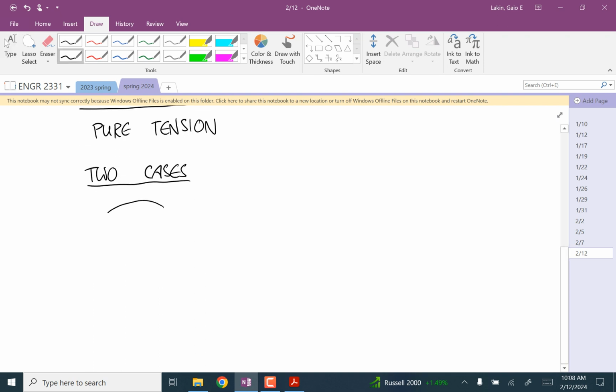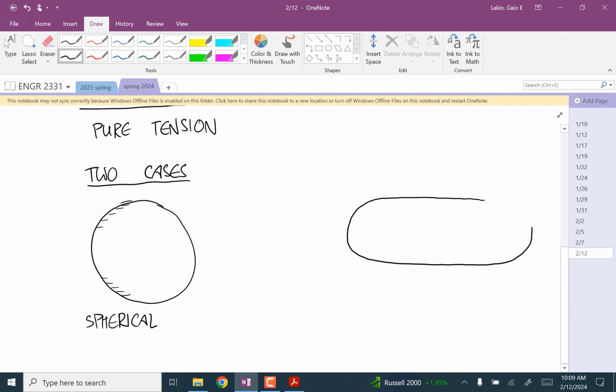The first one is spherical pressure vessels. And the second one is cylindrical, pill shape.